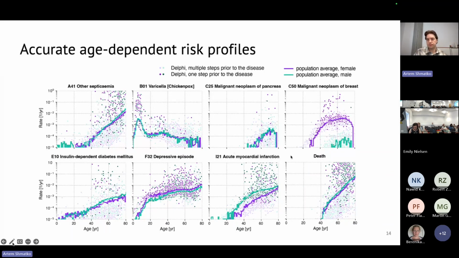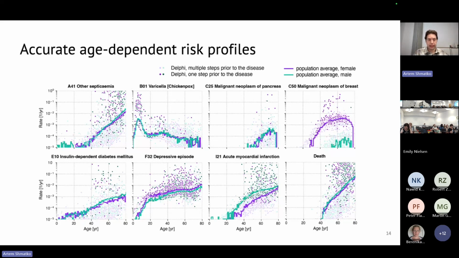But for breast cancer, as expected, there is a lot of difference between men and women, but also the curve shape is different because the age-related profile of the disease is different. But for all of these cases, the dots follow closely the line, which means that the model is able to correctly estimate the risk along all the lifespan.